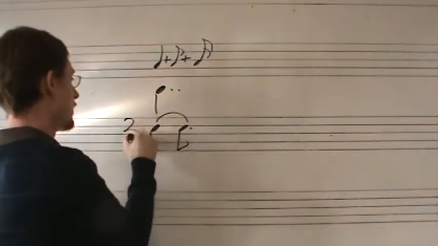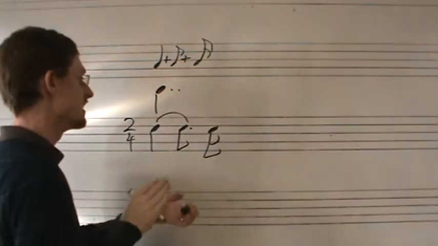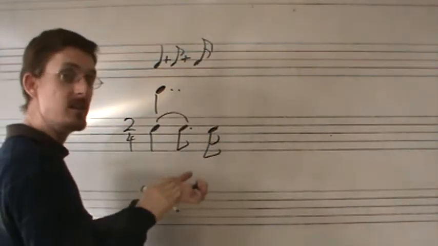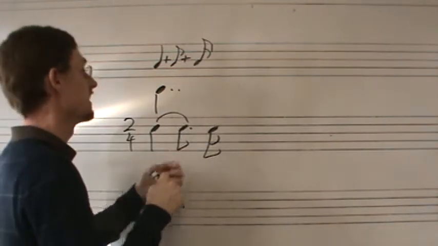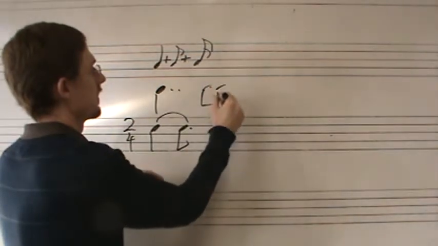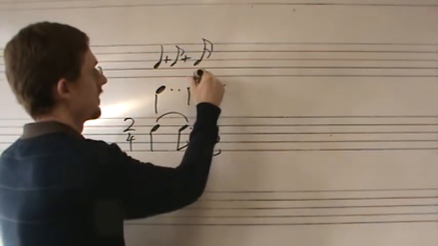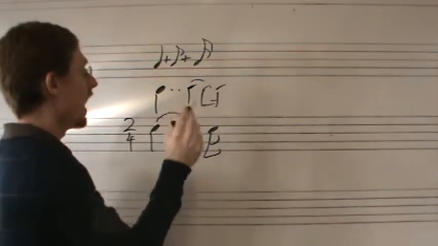So if you had a 2/4 bar and you were going to complete it, you would end up with this. So it's kind of like taking this figure and adding a quarter note to the front of it, which is actually exactly what it is.